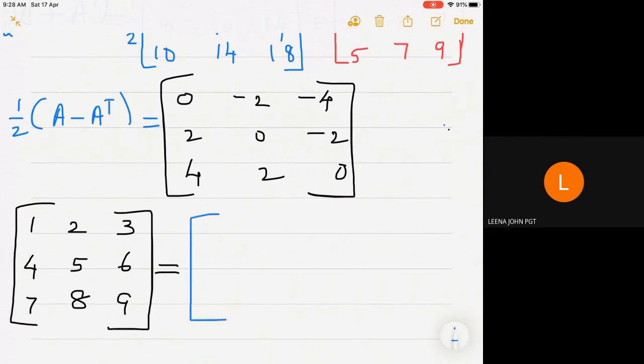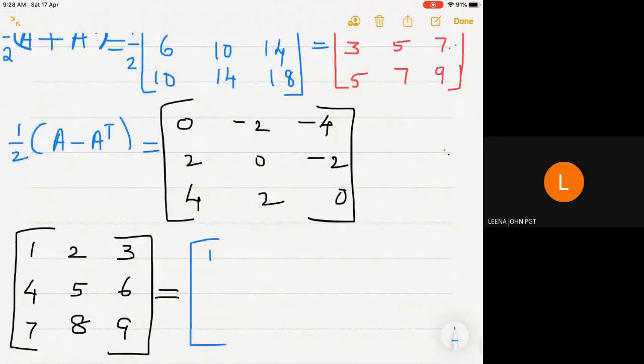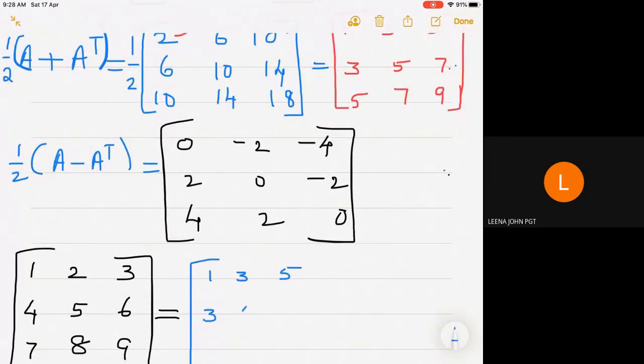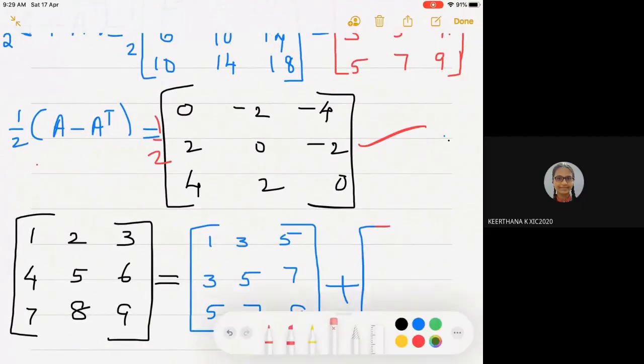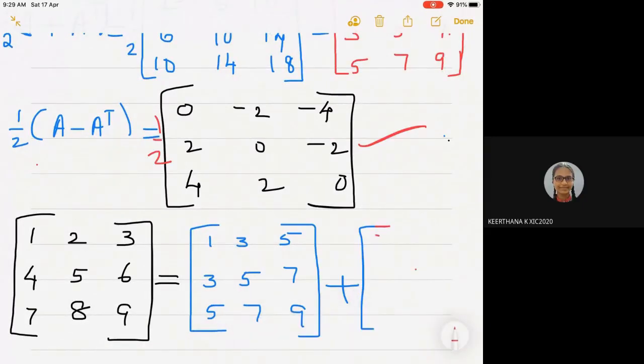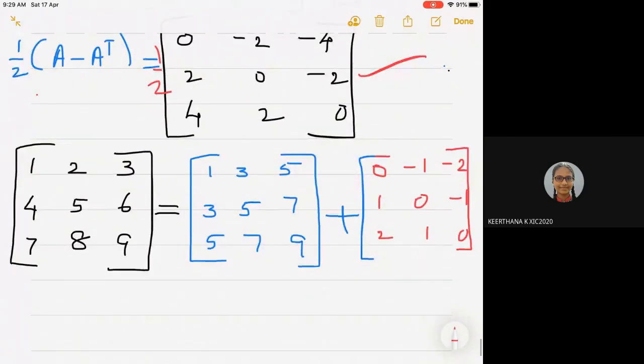The symmetric matrix is 1, 3, 5, 3, 5, 7, 5, 7, 9, which is symmetric. Plus, with half multiplying, 0, minus 1, minus 2, then 1, 0, minus 1, then 2, 1, 0. So this is the one. The first one is symmetric, and the second one is skew symmetric.